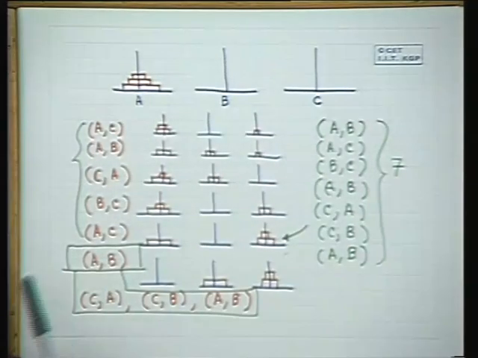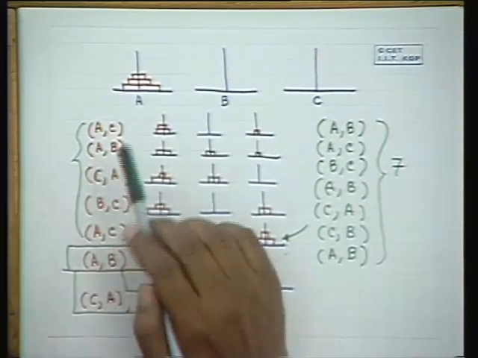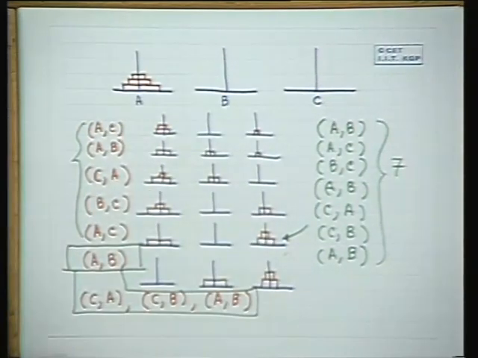But the next question is, what have we understood from this problem? We have understood that to solve the 3 disk problem, we have used the solution of the 2 disk problem. And how have we used the solution of the 2 disk problem?